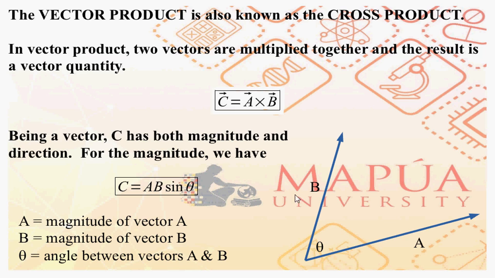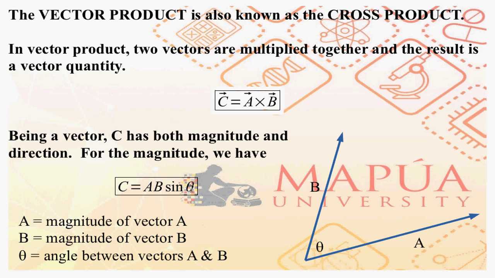For the purposes of our vector multiplication, the angle theta will not exceed 180 degrees, so sine theta will always give you a positive answer. So positive magnitude of A, positive magnitude of B, positive sine theta, magnitude C will always be positive. Again, it should be positive because it is the magnitude of the vector product, so it should always be positive.